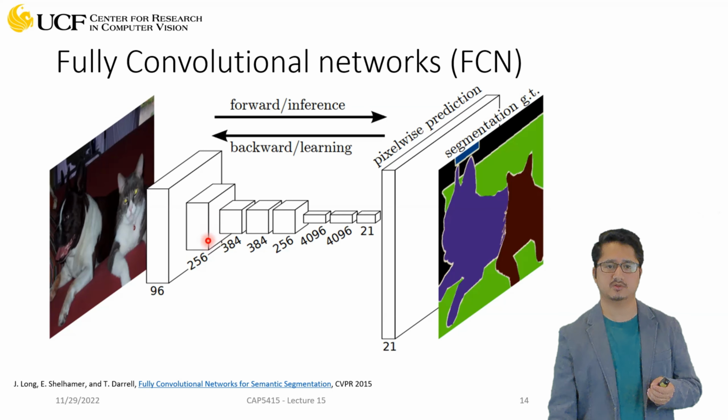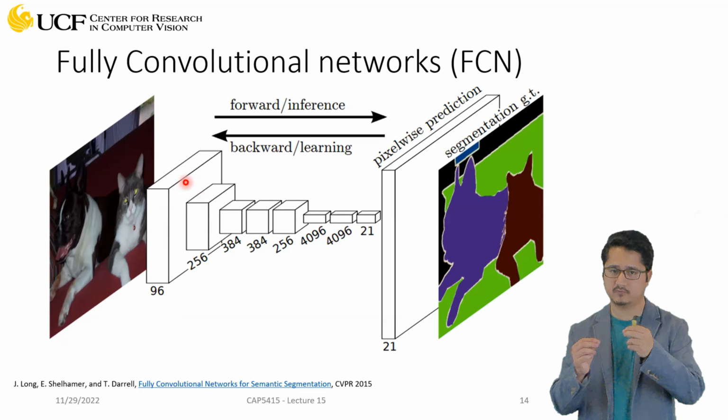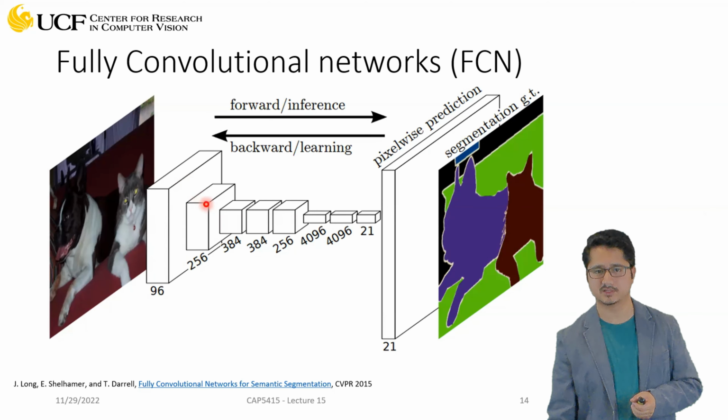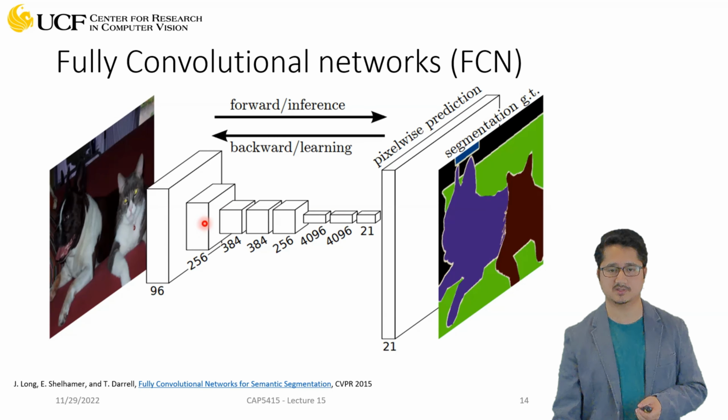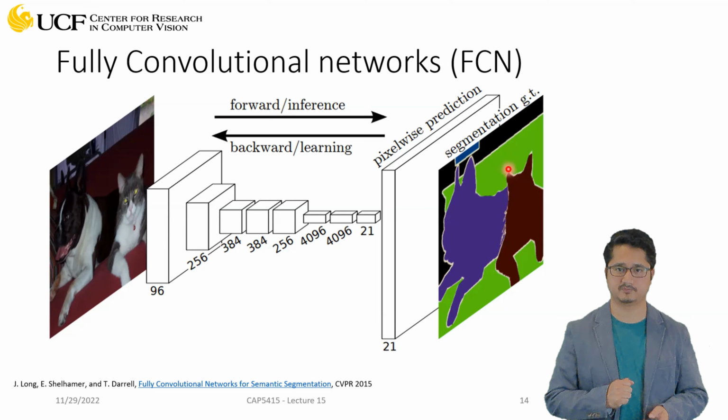In a way, we can say that one chunk of this activation map belongs to this image portion, and similarly the top right corresponds to this region. So we have some kind of one-to-one correspondence. We know that these features correspond to this region, and that's why these features are very useful for predicting this kind of segmentation map.